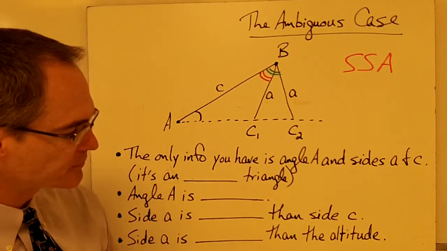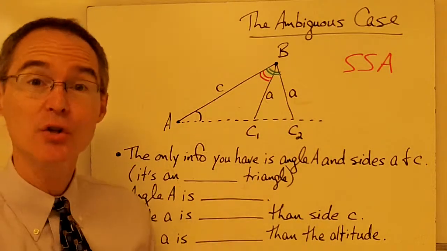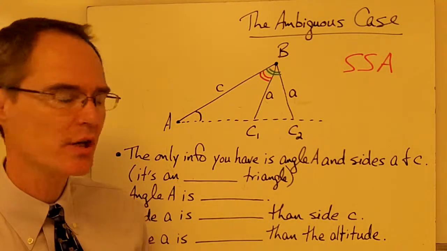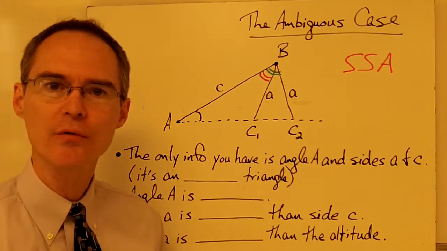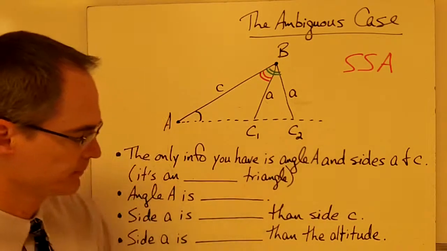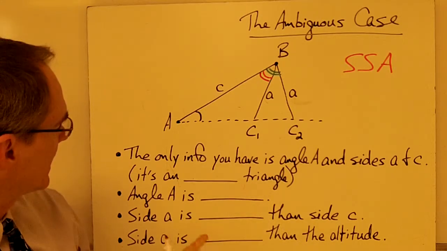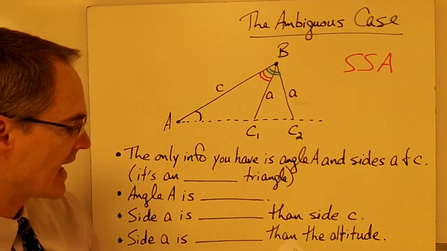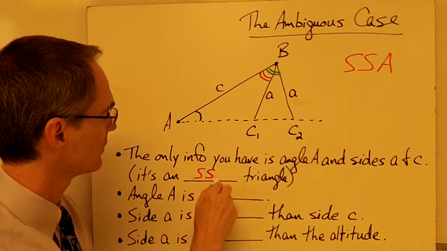All right, so if you have an SSA situation, you might have an ambiguous case. Here's how you tell for sure. You've got to have the following four conditions in order for it to be an ambiguous case triangle. First condition: the only information that you have about the triangle is the angle A and sides a and c, that is, it's an SSA triangle.